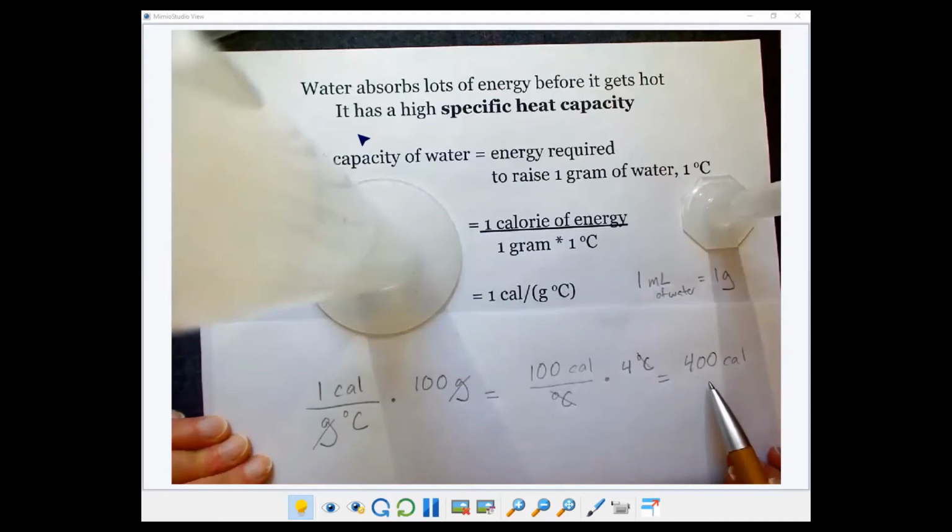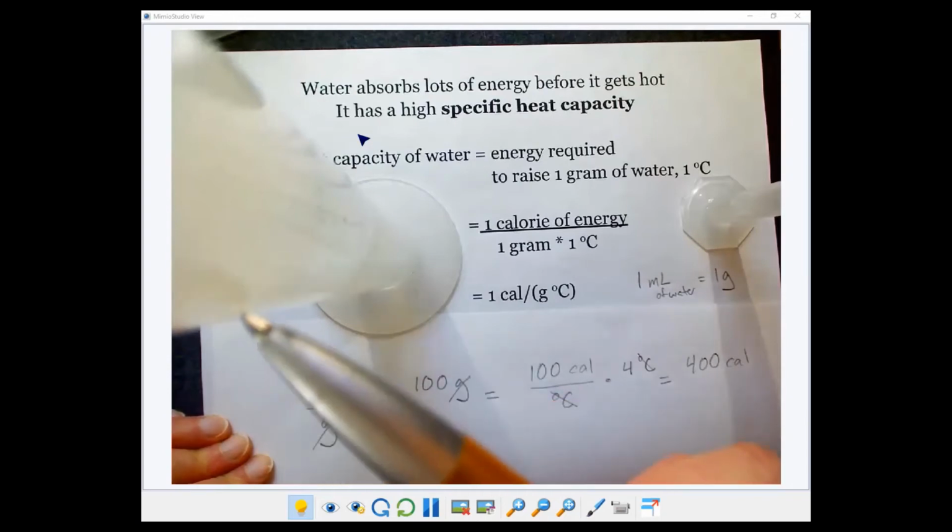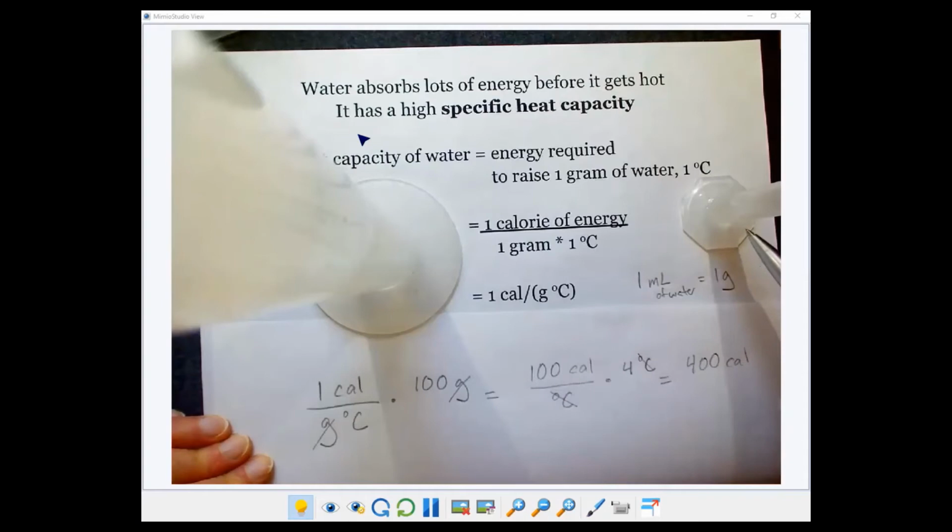So does that make sense that it's going to take more energy? It takes 100 times as much energy to raise 100 times as much water as we started with. And it will also take 4 times more energy to raise it 4 times as high, 4 degrees higher. So yeah, that's how we use those.